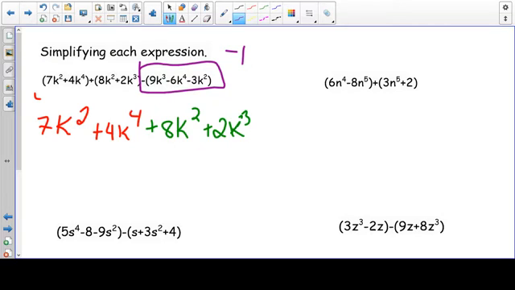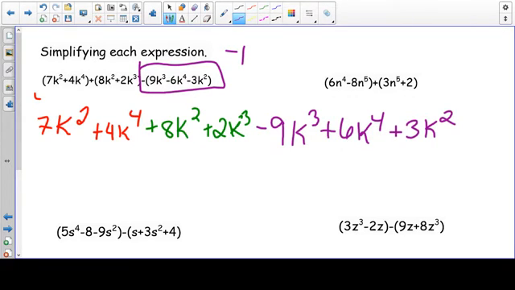I have a positive 9 times -1, which turns into -9k cubed. I have -6 times -1, which turns into a plus 6k to the fourth. And I have -3k squared times -1, which turns it into a positive. Now understand, I wrote in the next problem; I will fix that once we go to do that second problem.